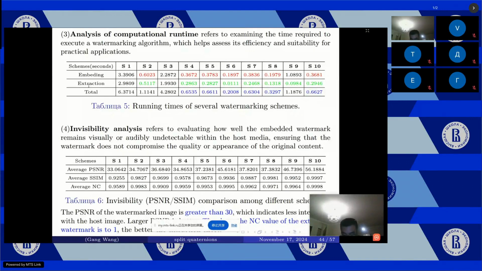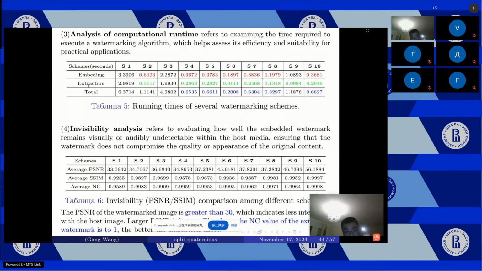Table 5 presents the average time for embedding and extracting for each watermarking scheme based on multiple trials. The colored digits indicate the maximum runtime.